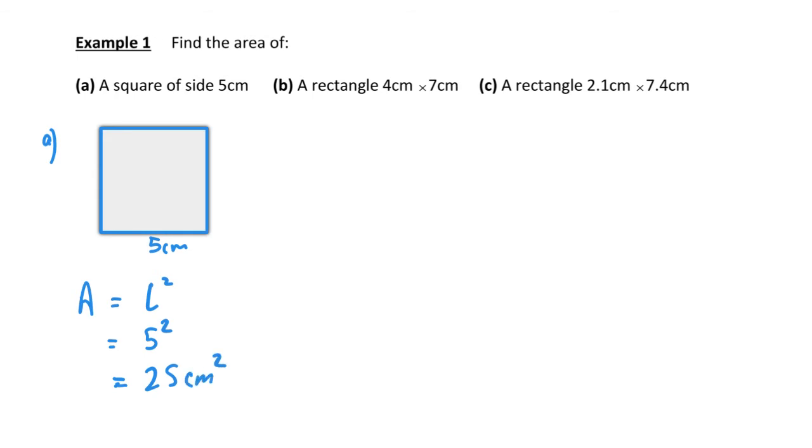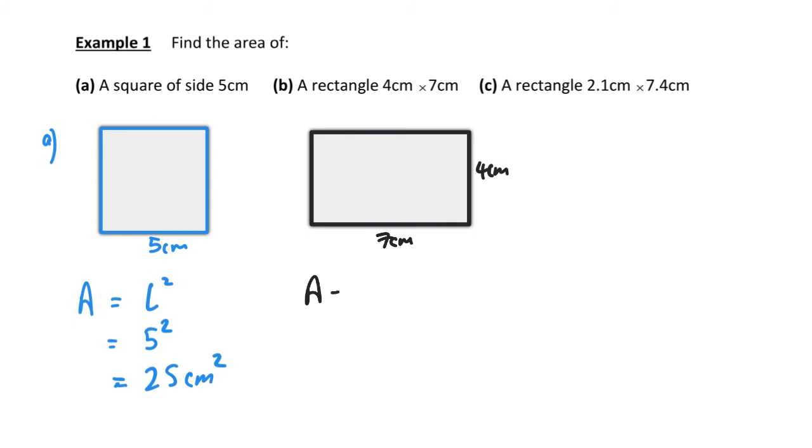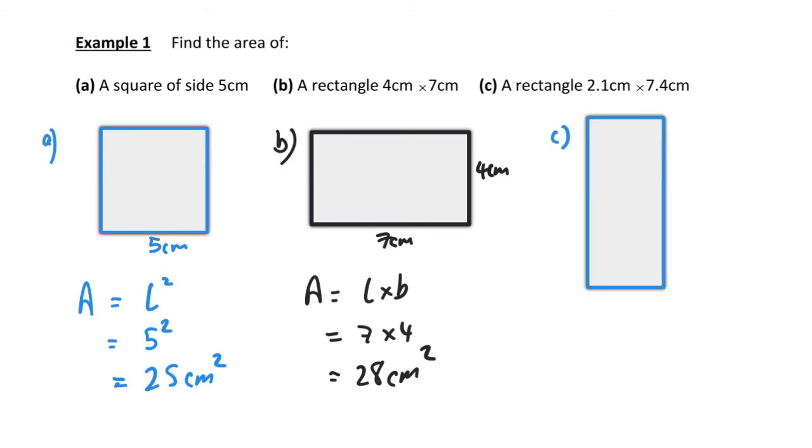Part B, we'll draw a rectangle, and we'll put on the measurements of 7 and 4. So the area is length times breadth, which is 7 by 4, which is 28, and that's going to be squared centimeters again.